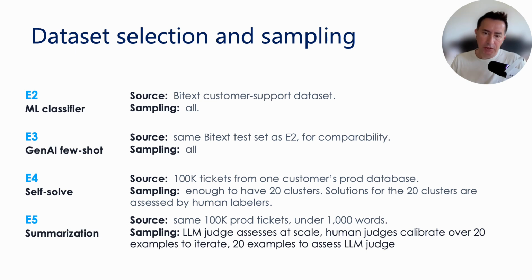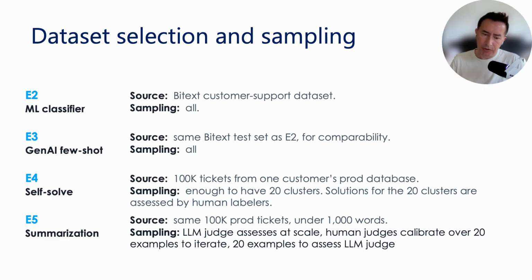And for summarization, maybe same thing. We use the same 100,000 prod tickets. Maybe we restrict to tickets under 1,000 words or whatever. And then we take them all. We don't sample a subset.